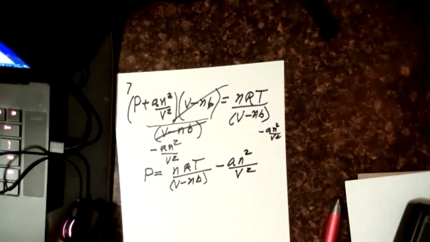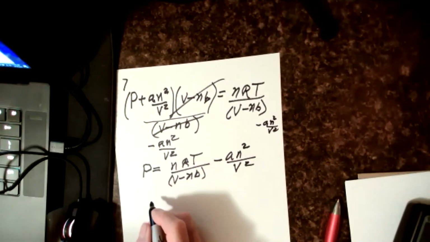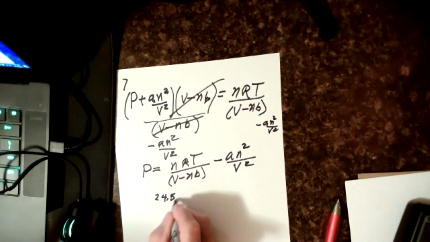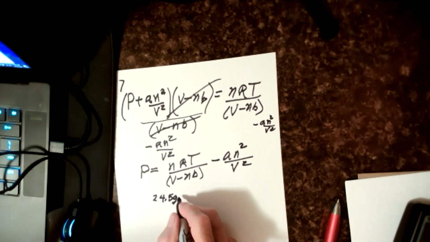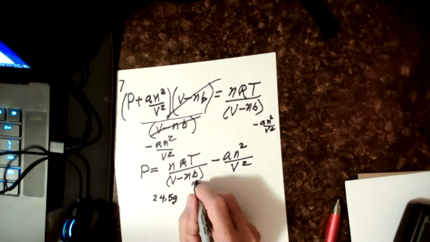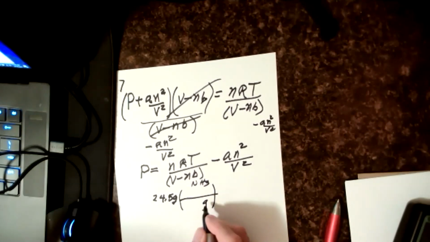Okay, so now we've got everything set up. Let's do the values. I've got 24.5 grams of ammonia. Now you have to know ammonia is NH3. I want to convert that from grams to moles.